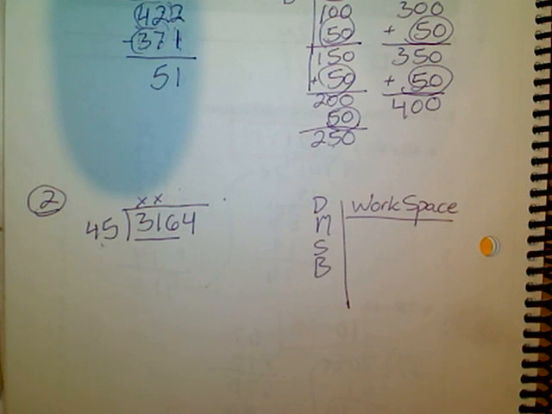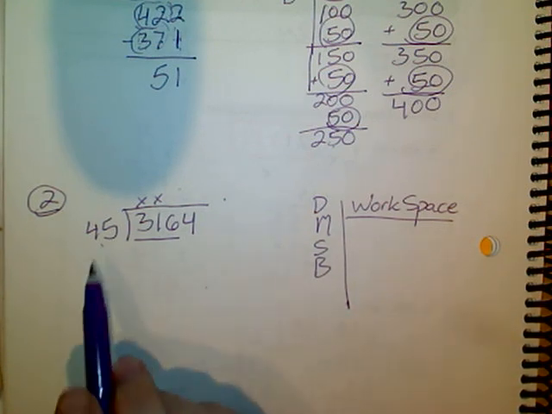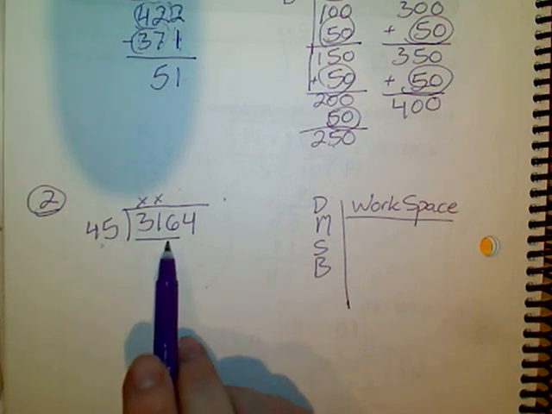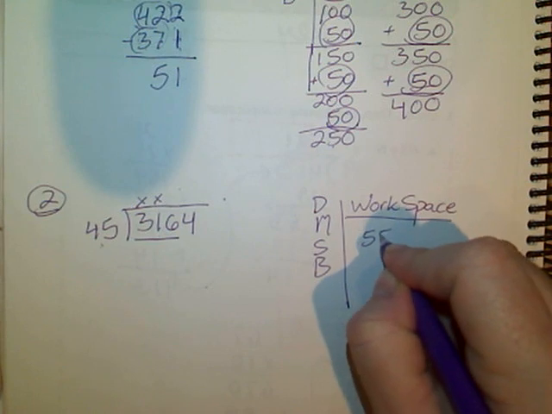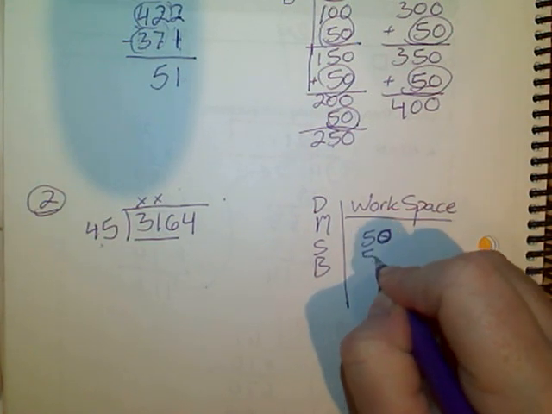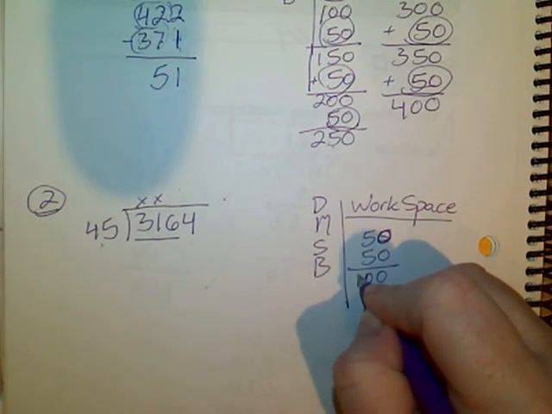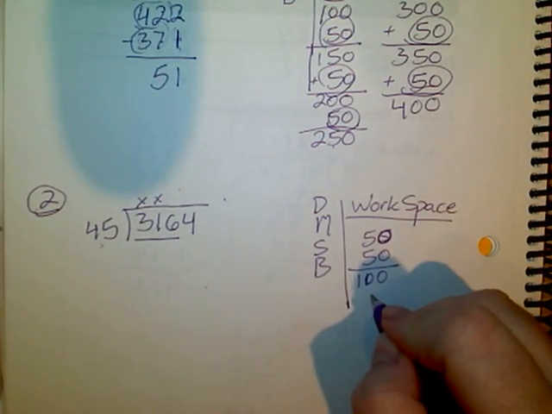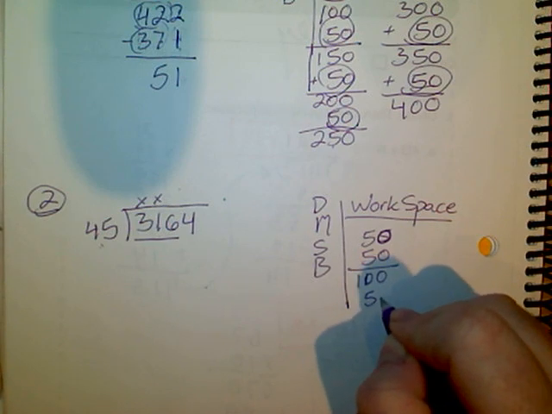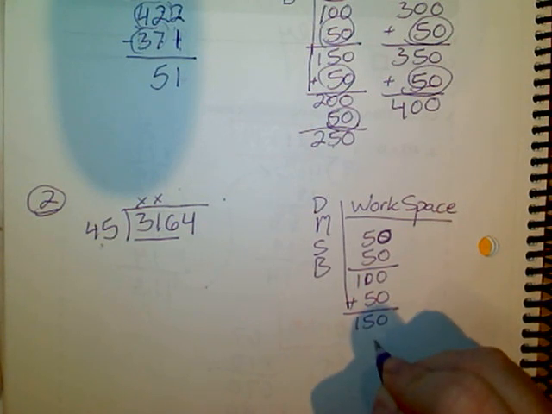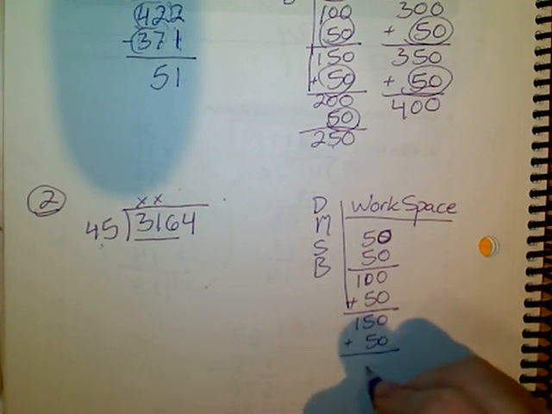Okay? So you can say to yourself, do I want to round this up to maybe 50? And say to myself, well, 50 and 50 is 100. 50 and 50 again is 200.